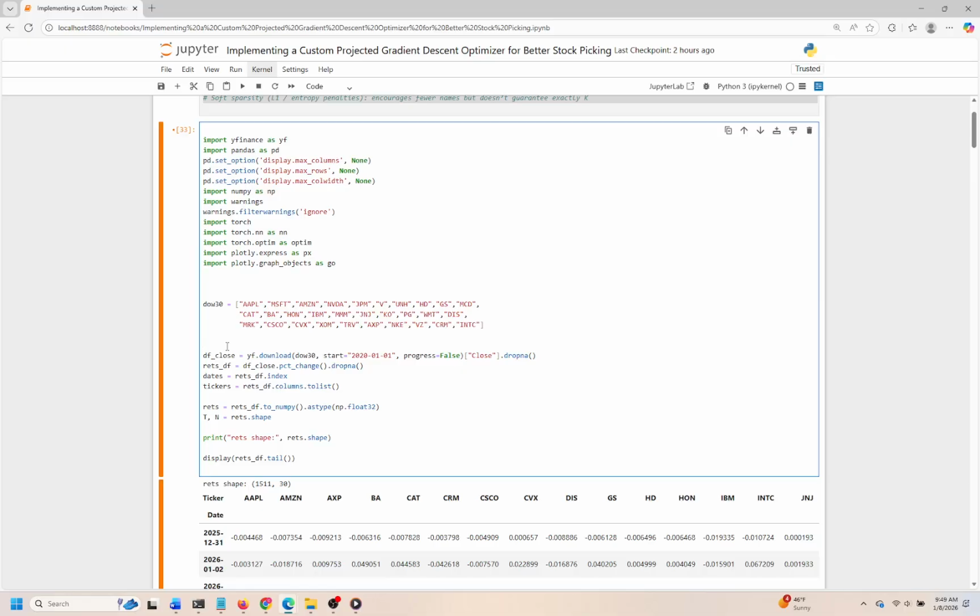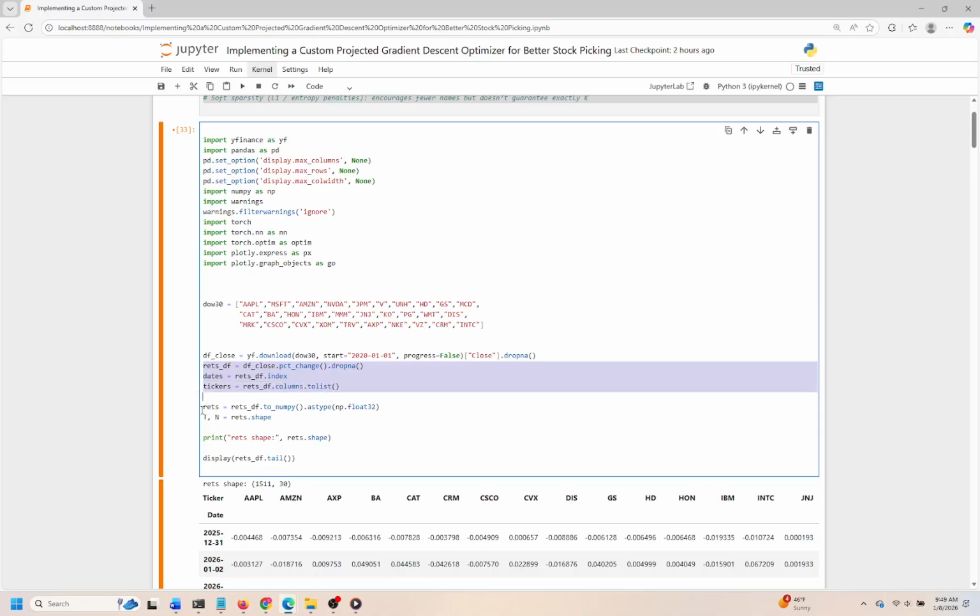In this cell, we're setting the stage for analyzing stock performance by downloading historical closing prices for the Dow 30 companies, which are crucial for understanding market trends and making informed investment decisions. This process involves a few key steps, including fetching the data, computing daily percentage returns, and preparing the data structure for subsequent analysis.